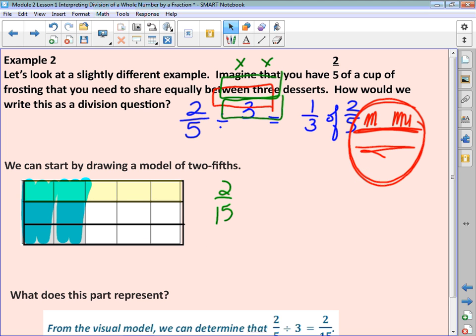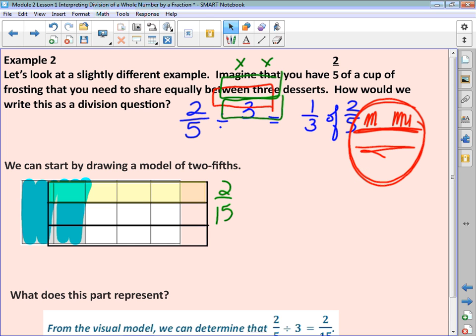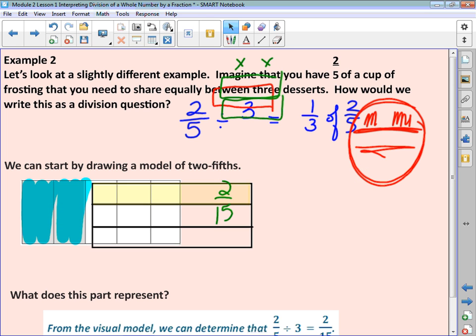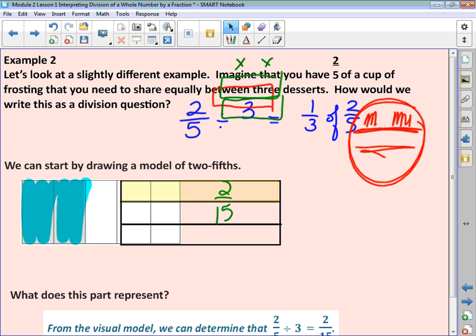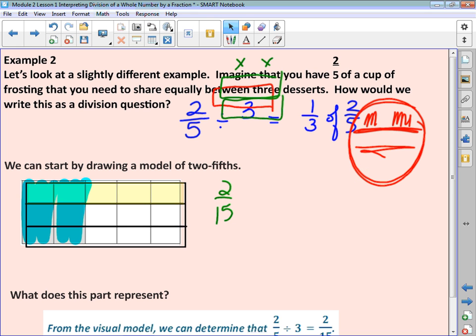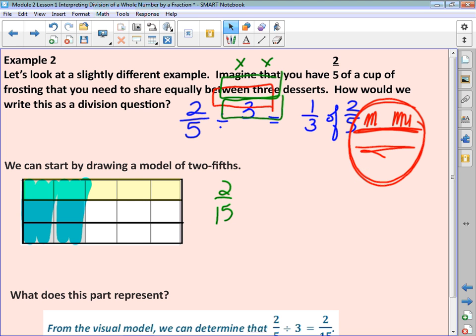So I took the blue and divided it into thirds. But I have to do it to the whole picture. I can't just separate this into thirds or just that into thirds. I have to do it to the whole thing. So the blue and the yellow, where they cross and make green, that now is only 2 out of the 15.